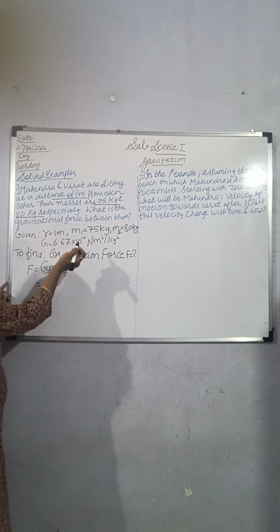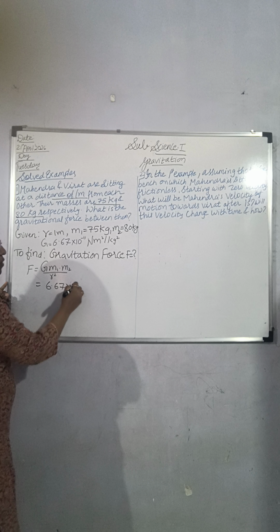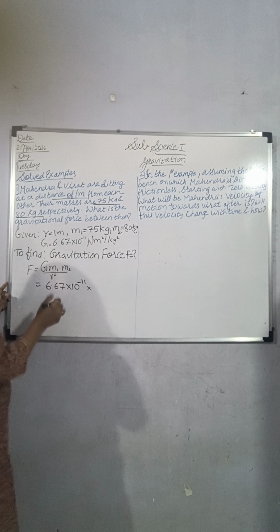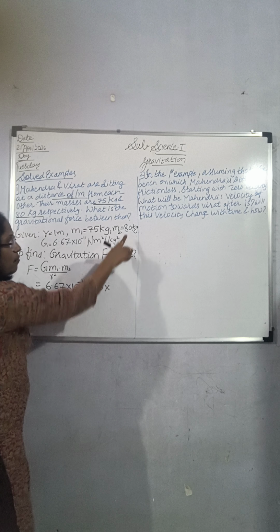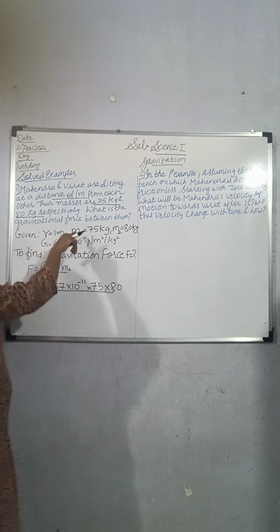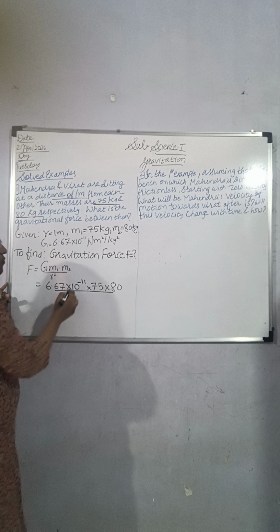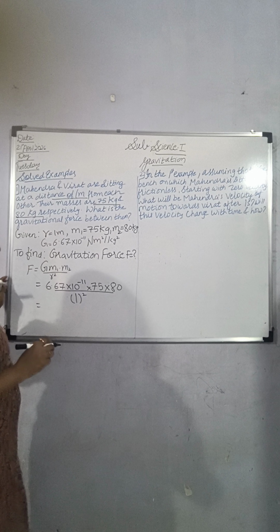So what is G? G is 6.67 into 10 raised to power minus 11, multiplied by m1, which is 75 kg, m2, which is 80 kg, divided by r square. R is already given in meters, so it is 1 square. How to solve this?